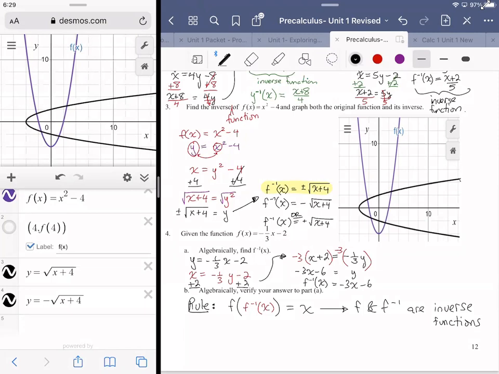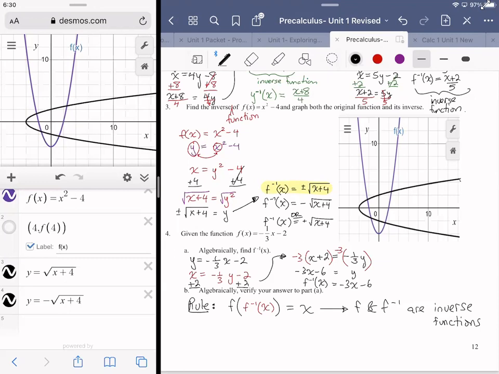So if f of the inverse of f of x is equal to x, then those two functions are inverses of one another. Which actually seems kind of redundant, I guess.